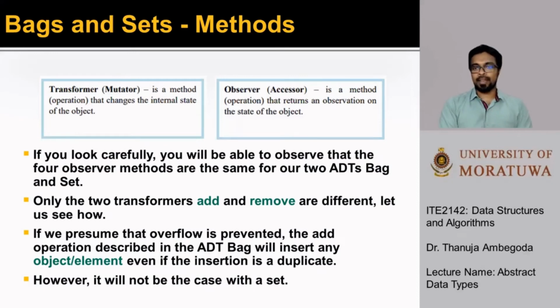So let's look at the observer methods and the mutator methods in a bit more detail with reference to these two data types, the abstract data types, bags and sets that we discussed. If you look carefully, you should be able to see that the four observer methods are the same for bags and sets.